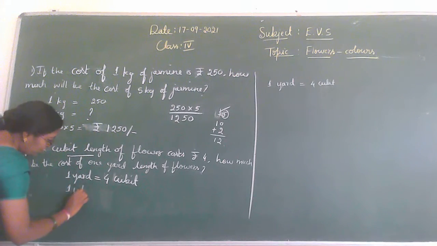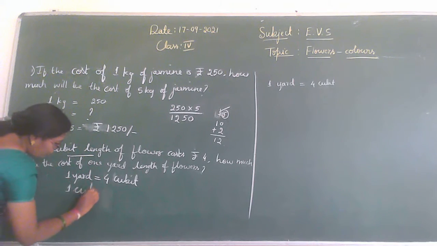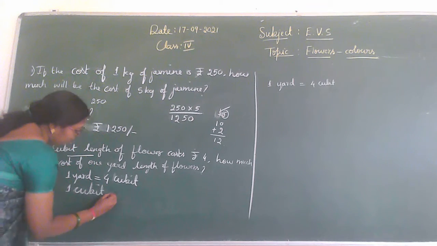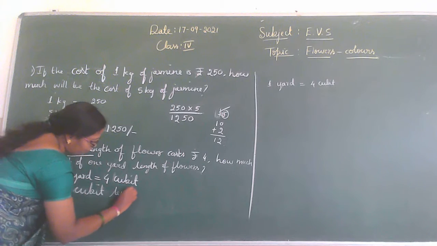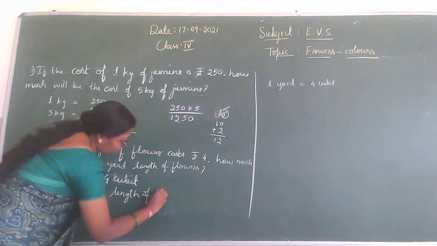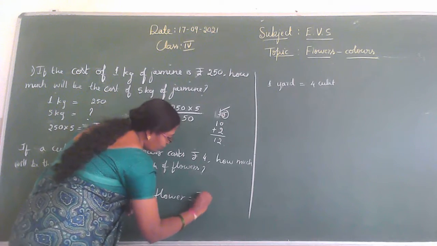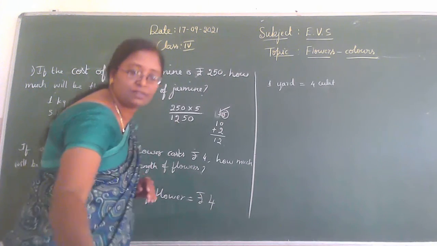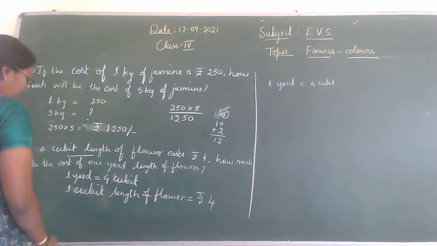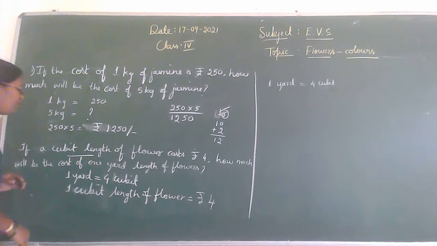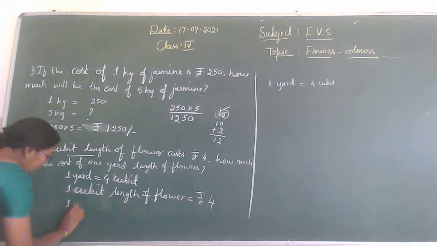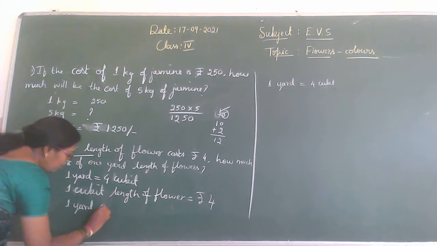1 cubit length of flower is equal to 4 rupees. Is it? Then you need to find out 1 yard or 4 cubit.